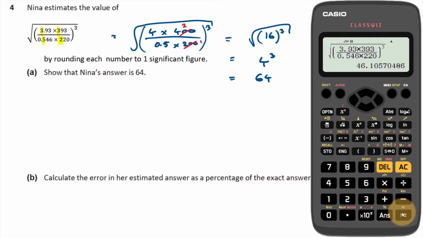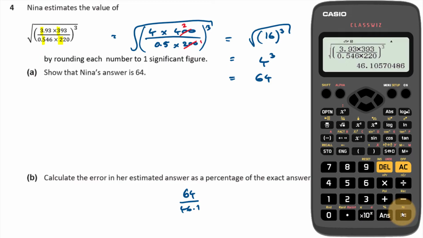That comes out to be 46.105. Okay, so then her estimated answer as a percentage of her exact answer. So I need to put the estimated answer at the top, and then the exact answer underneath. Okay, so I'm going to write down 46.1, but I'm going to use the full display value.